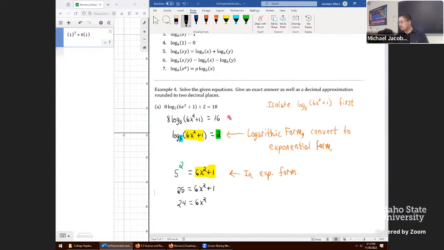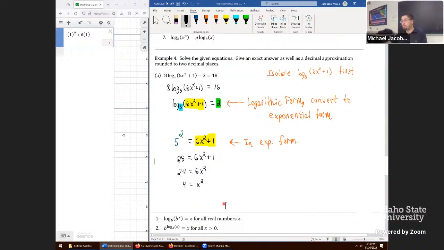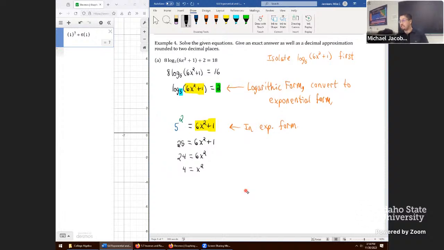Divide by 6 and we'll get 4 is x squared. Then take the square root of both sides. But once you do that, there are 2 possibilities. x is going to be positive or negative square root of 4, which implies x is equal to either negative 2 or a positive 2.